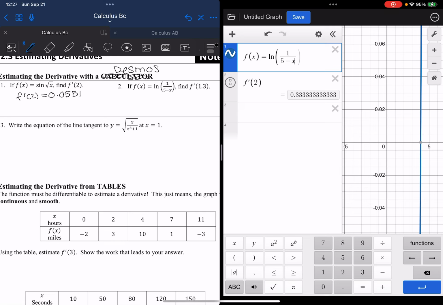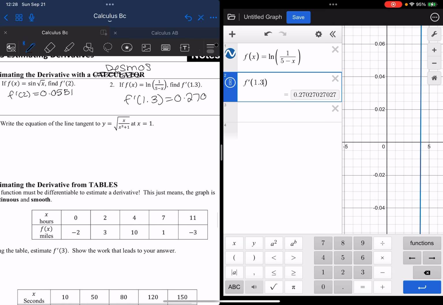And then here it wants us to find f prime of 1.3, which I see here is 0.2702. So f prime of 1.3 is equal to 0.2702, or actually 0.3, because I want to round it properly, 0.3.